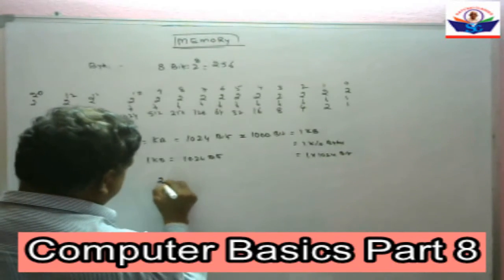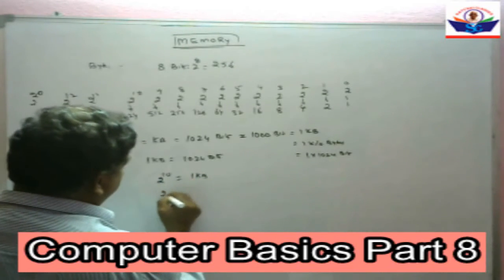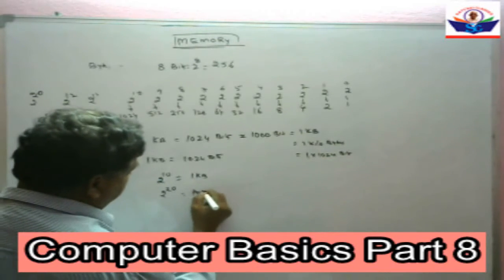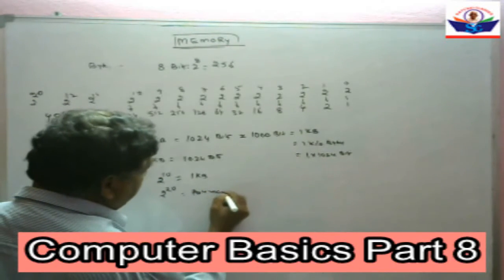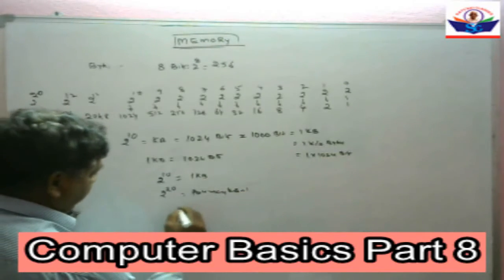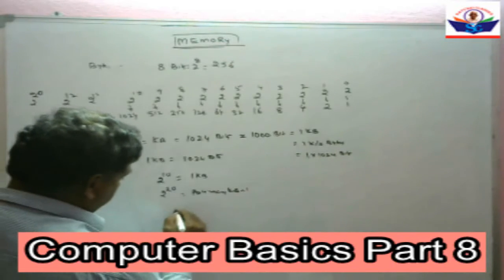We can take 2 to the power of 10 as equal to 1 KB. So 2 to the power of 20 is equal to how many KBs?